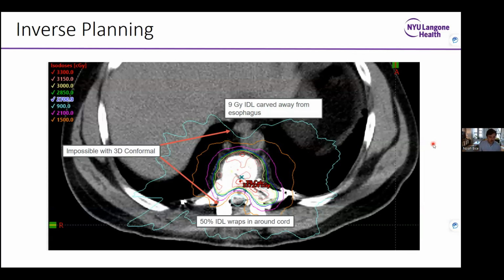So this is an image of a spine SBRT plan that we created and delivered with VMAT at NYU, and it's a pretty clear demonstration of how VMAT can potentially be superior to 3D conformal therapy. If we're using a computer to help us optimize MLC leaf positions at different gantry angles, then we can make these really beautiful isodose distributions where we have nice conformality to the target, and we're able to achieve sharp dose gradients in regions like around the spinal cord or pull low dose off of structures like the esophagus.